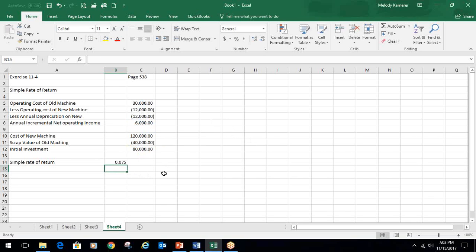Our simple rate of return is 0.075, which equals 7.5%. Because generally, when you're talking about rate of return, it is a percentage and not the decimal. So we just converted the decimal to our percentage rate. So simple rate of return on a down and dirty way to calculate is 7.5. Does that fall within the parameters of what we require from any investment?